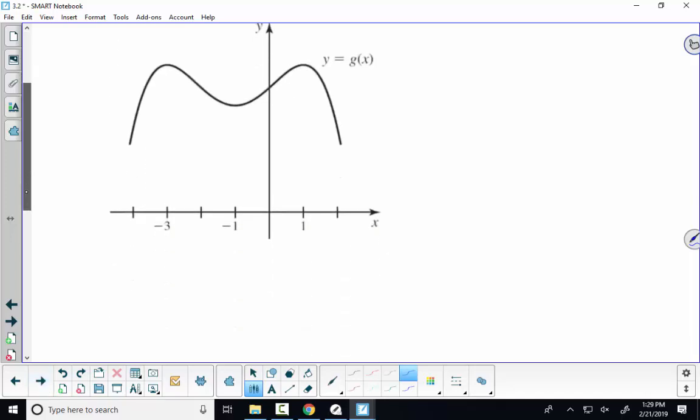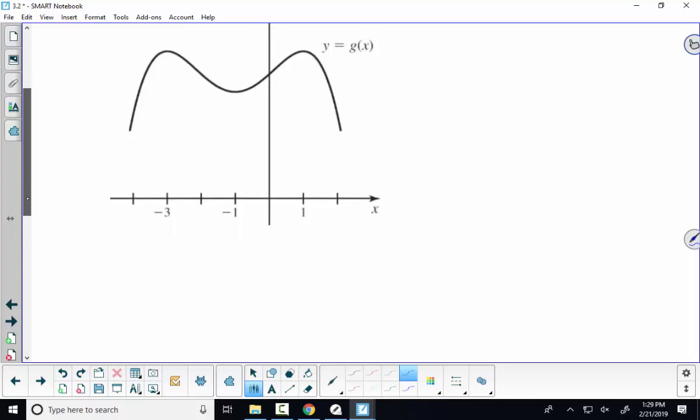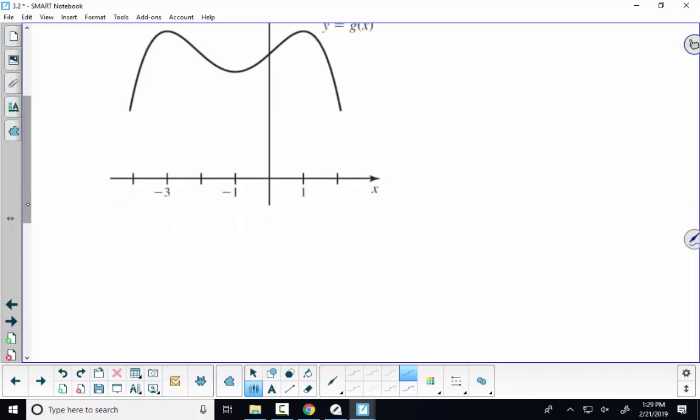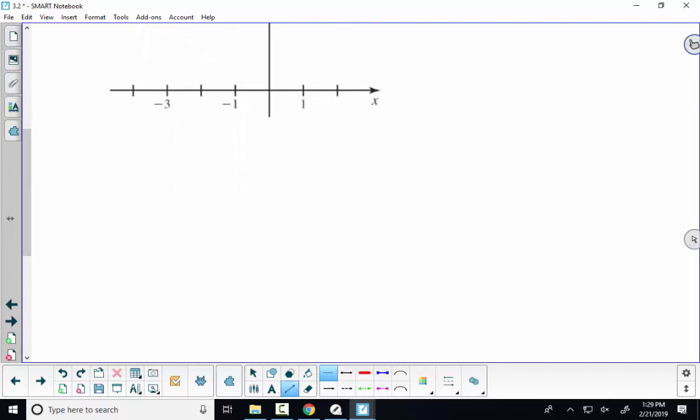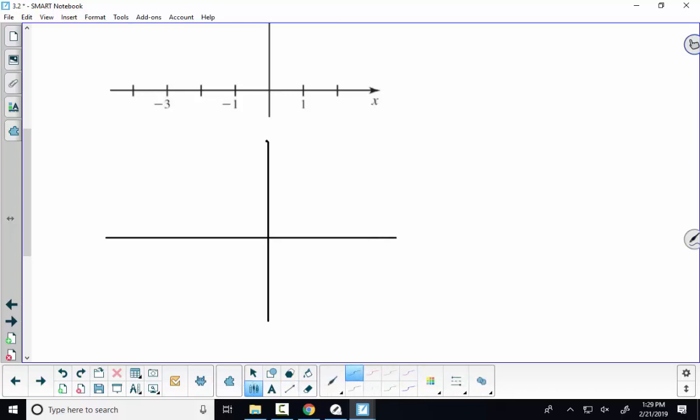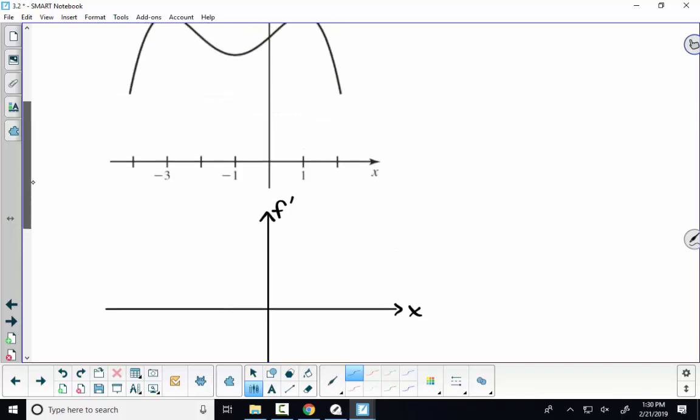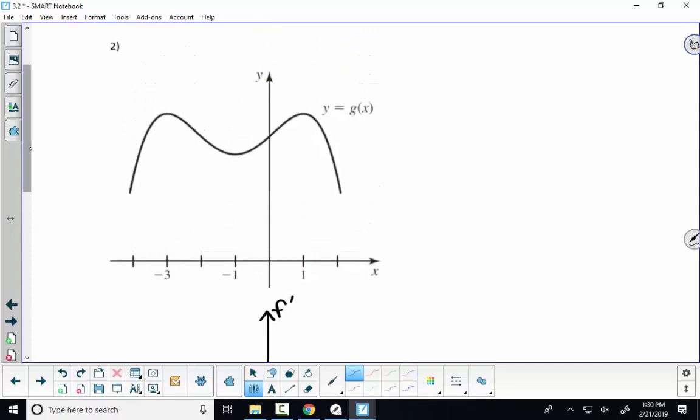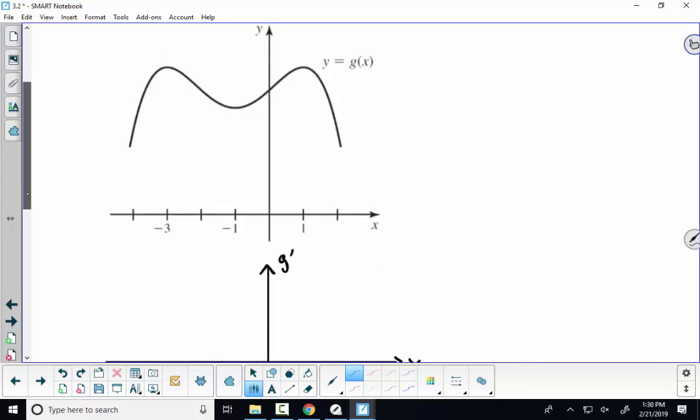Okay, example 2. So this is g prime. First of all, would there be anywhere on that graph the derivative doesn't exist?